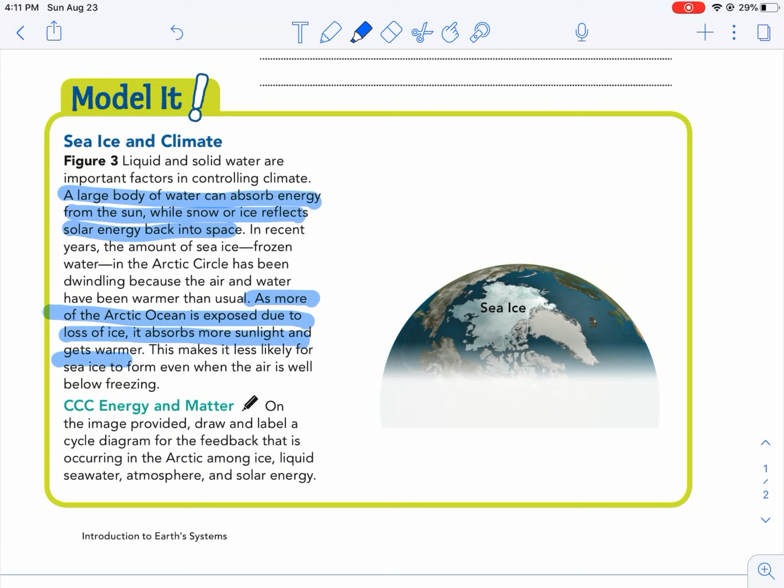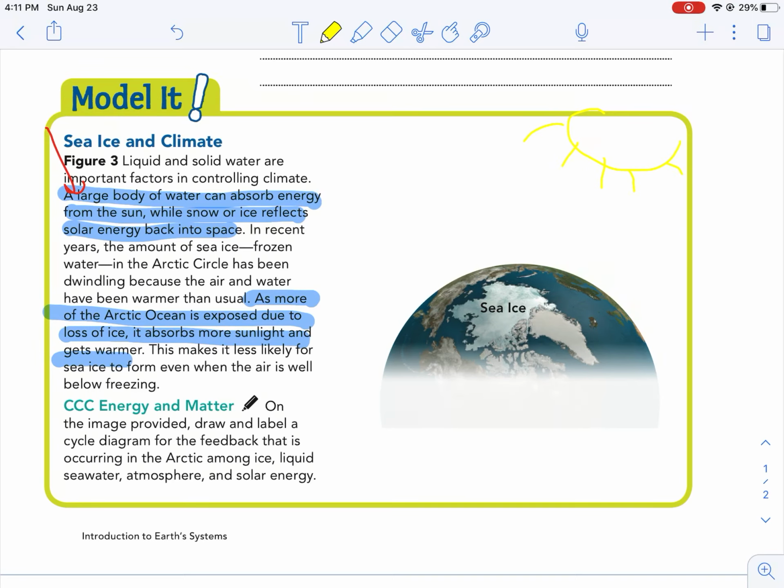The very first thing that I underlined was right here. I said a large body of water can absorb energy from the sun. So I'm going to start by actually just drawing a sun in here because that is going to be the source of the energy for my model.